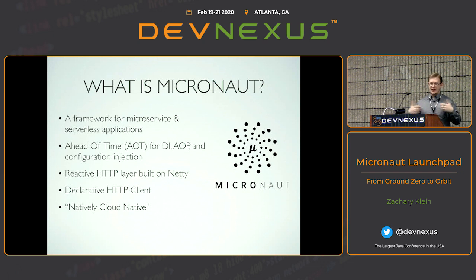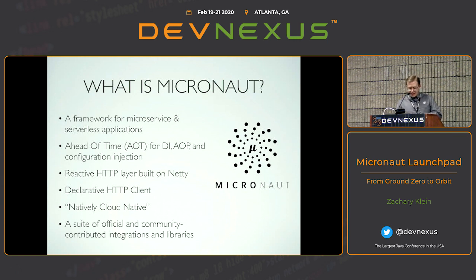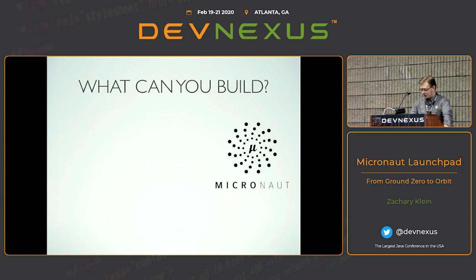Those are not secondary or adjunct concerns, they're primary concerns in a full Micronaut application. And so we say it's natively cloud native. But Micronaut also encompasses a broader ecosystem that's been developing with a lot of other libraries for things like data access, Kafka, RabbitMQ, a number of things. So we're going to go through some of that.